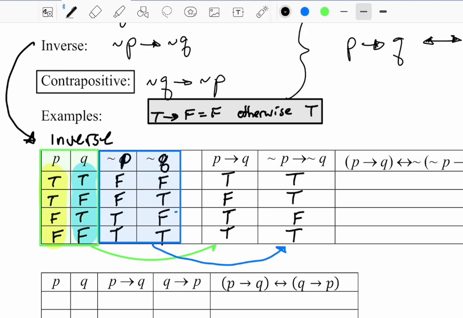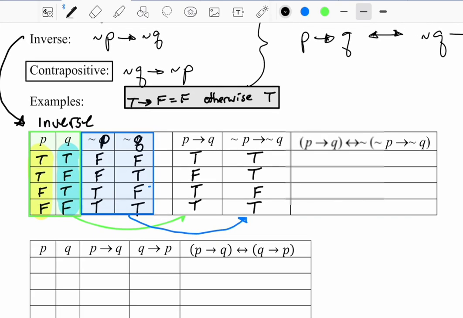The biconditional, I think, is actually the easy one. It's easy for me to say, I know. But the biconditional is true if the truth statements are equivalent to one another. So for a biconditional, true, double-sided arrow, true, or false, double-sided arrow, false, is equal to true.